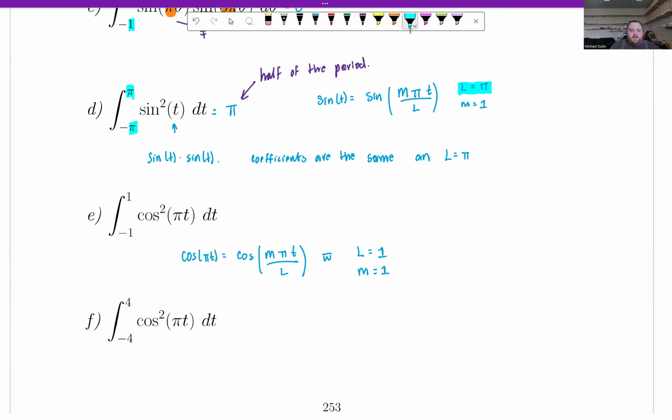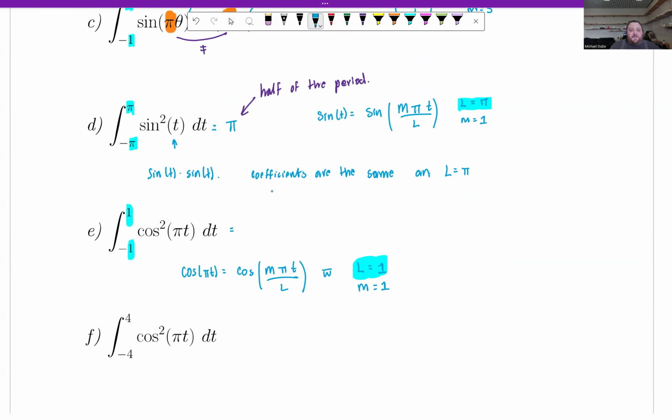And we see here that our L equals 1 corresponds with this one here. Okay, so we do have the proper bounds. And once again, this is a cos case where they are the same. So the coefficients are the same as before. And so we get half of the period being 2 times L. So we just get 1 here, right? So whatever L value is, it goes here. And this is the same logic as before.